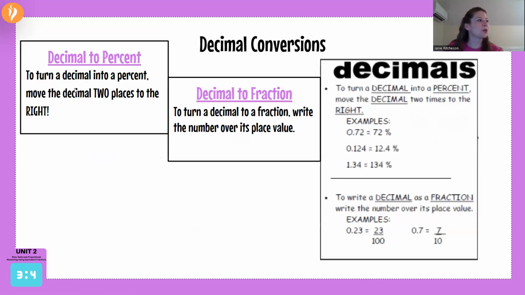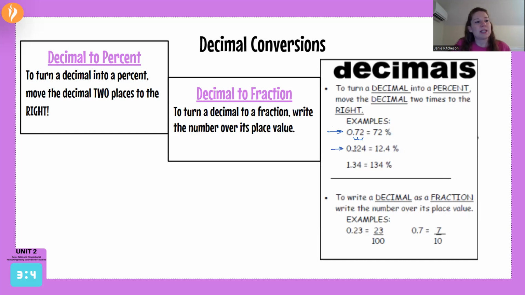All right, so we're going to go from decimal to percent first. So to turn a decimal into a percent, you're simply going to move your decimal 2 places to the right. So to go from 0.72 to a percent, we move that decimal 2 places to the right, 1, 2, and we get 72%.